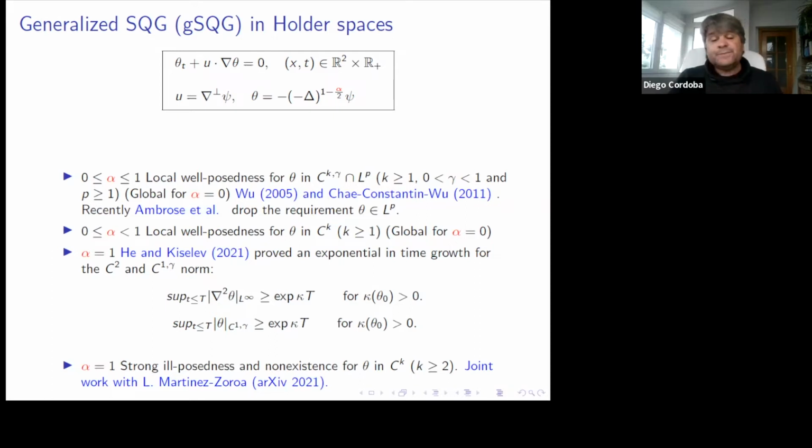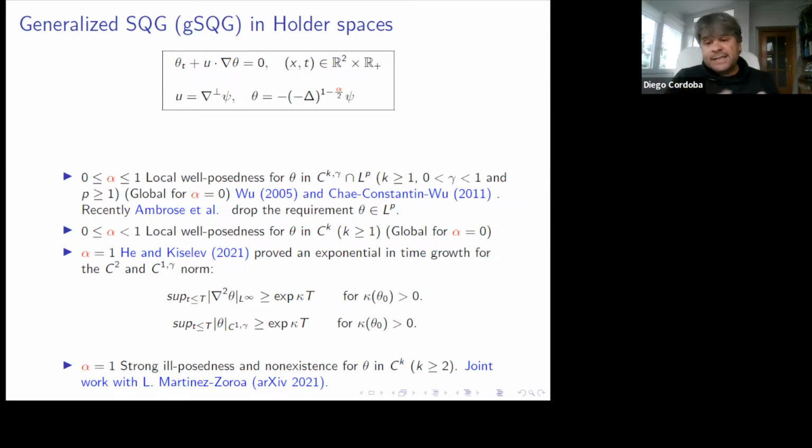These solutions are C infinity. These solutions exist for time as long as you want, and they're unique. Of course, they are unique because, since they're C infinity, we are in the local well-posedness regime.